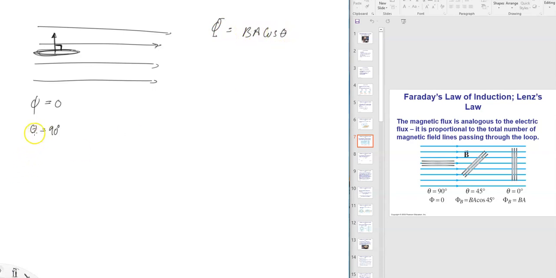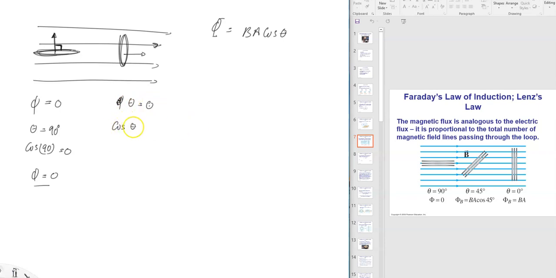So if theta is 90, cosine 90 is 0, flux becomes 0. When you have it perpendicular like this, the area vector is parallel to the magnetic field, so theta is 0.